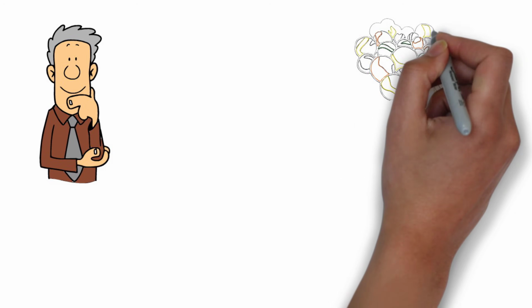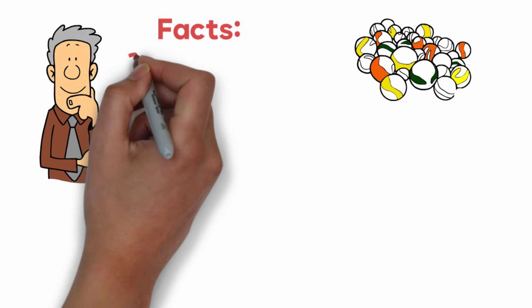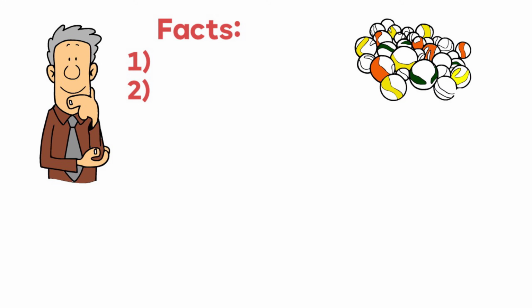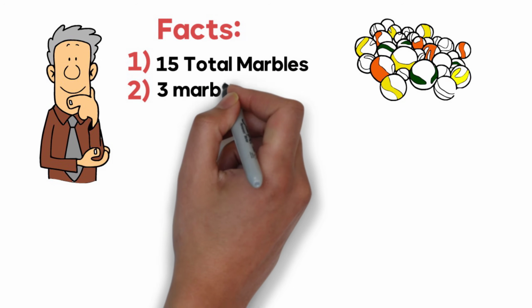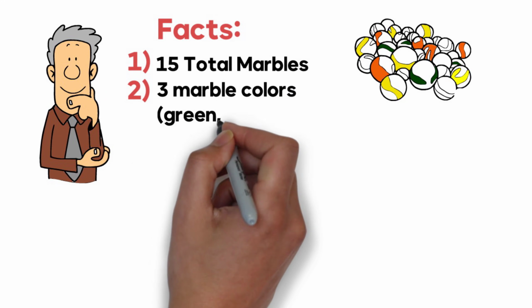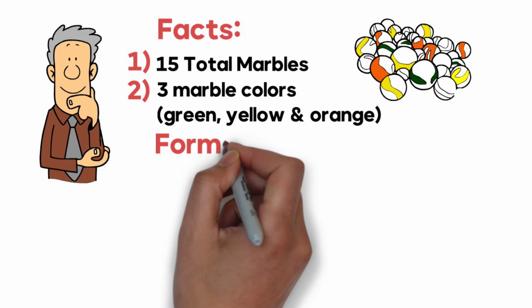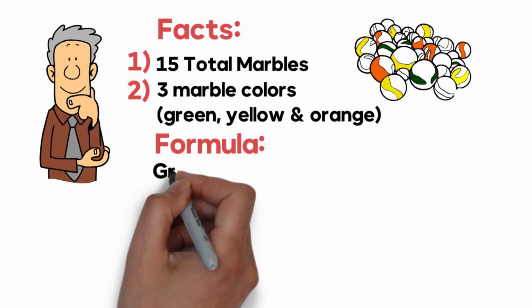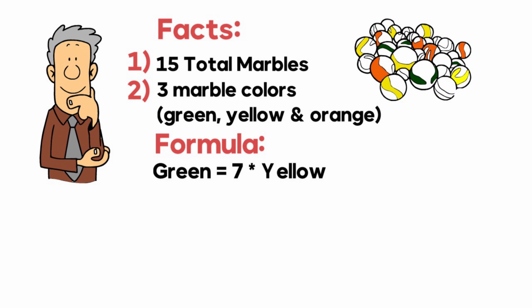To solve this type of problem, let's separate facts from the formulas. We have 2 facts. We have 15 total marbles, and marbles are of 3 different colors: green, yellow, and orange. And the formula that we are presented with is that there are 7 times more green marbles than yellow marbles.